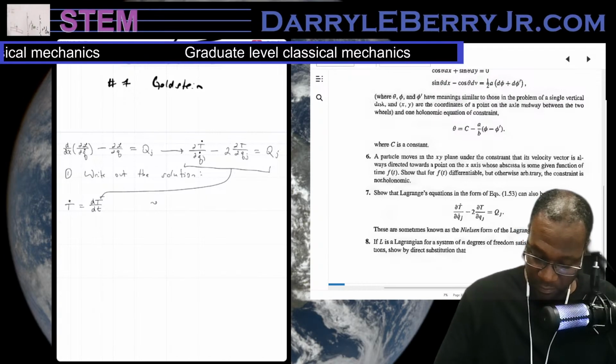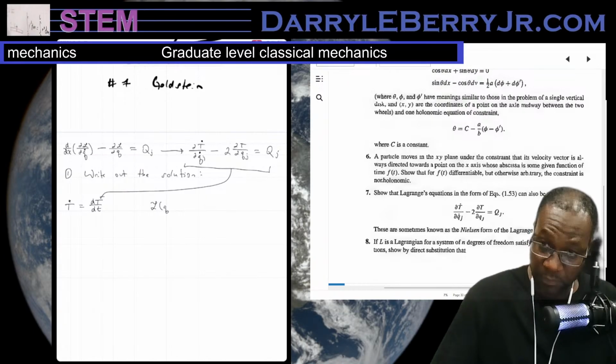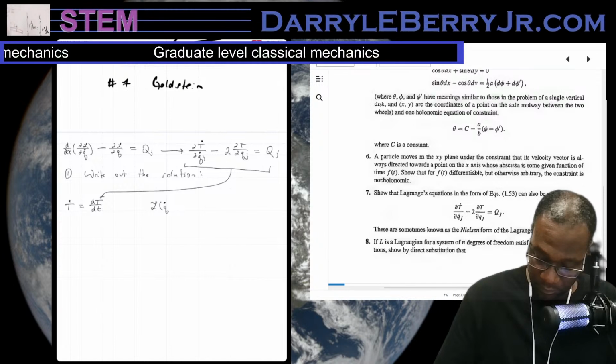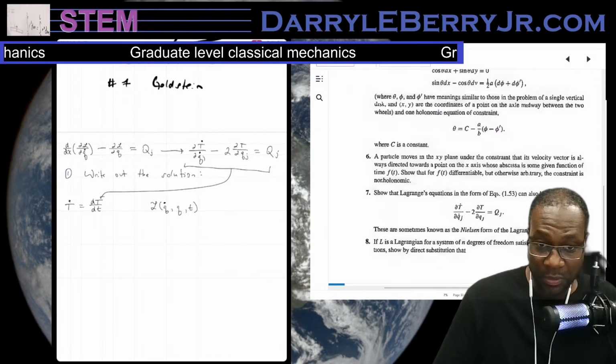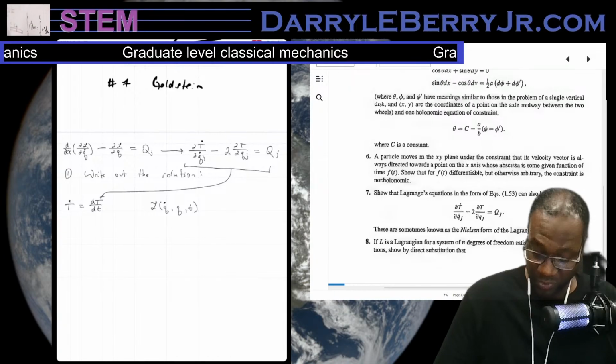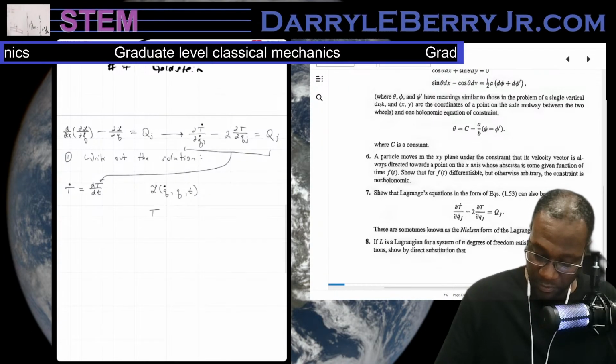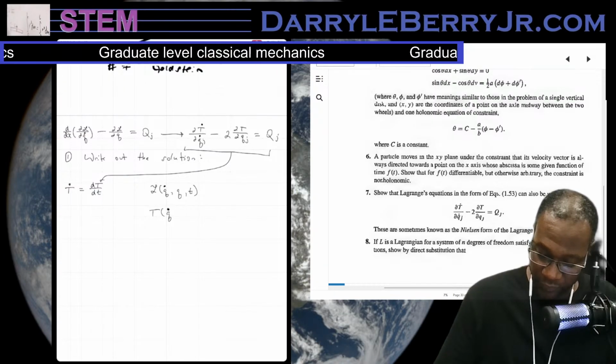So we know the Lagrangian is like this. It seems that T must also be in this form.